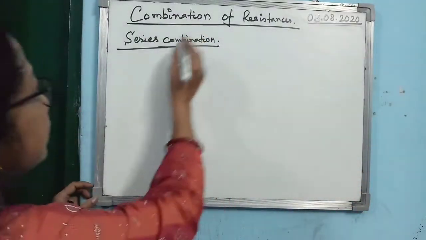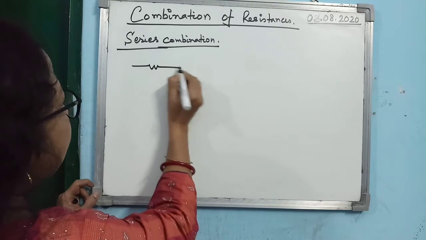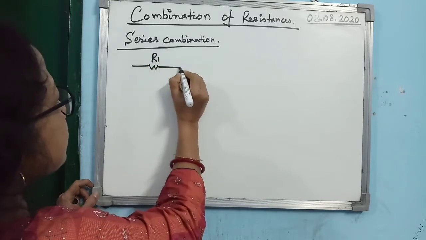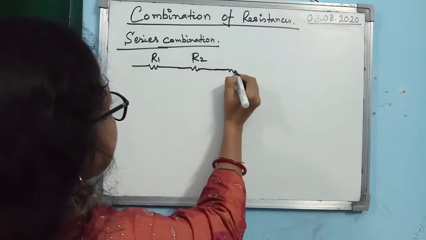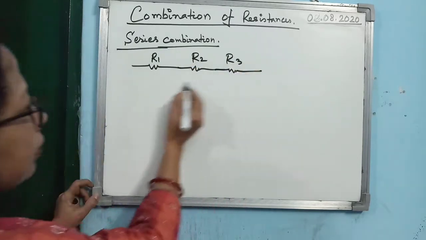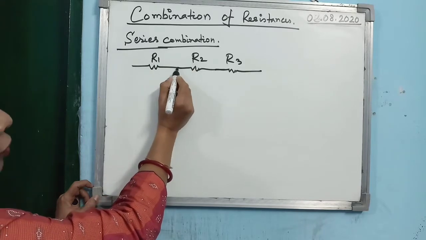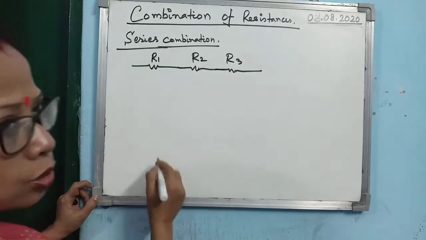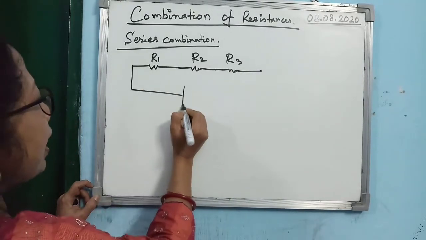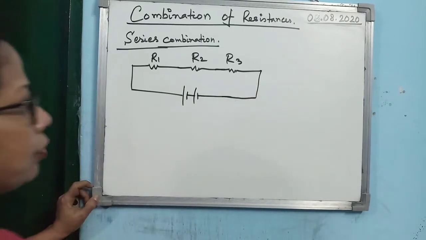So if you consider the combination of resistances, suppose we have taken resistances of values R1, R2, R3 like that. And look at how I have connected them: the right of R1 is connected to the left of R2, then the right of R2 connected to the left of R3, and so on. Then the combination is connected to a cell or a battery.